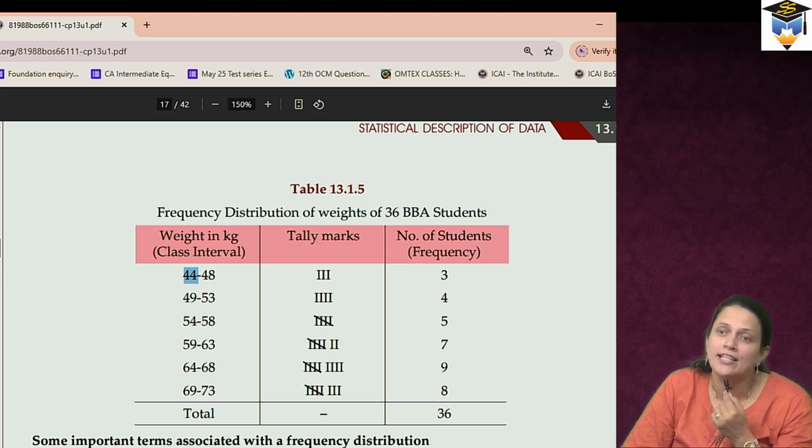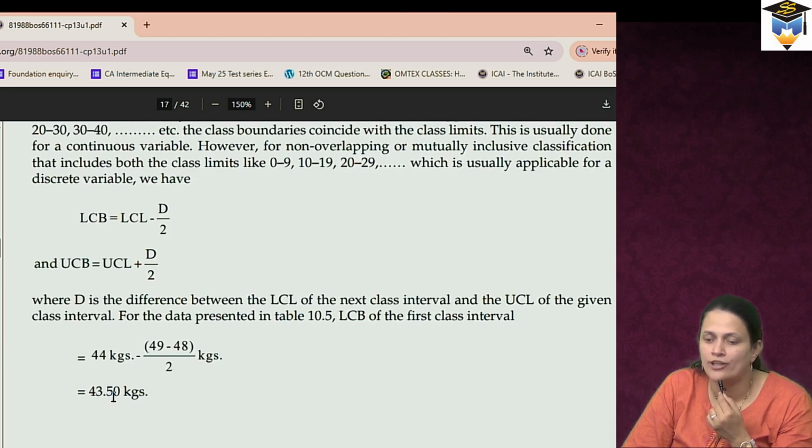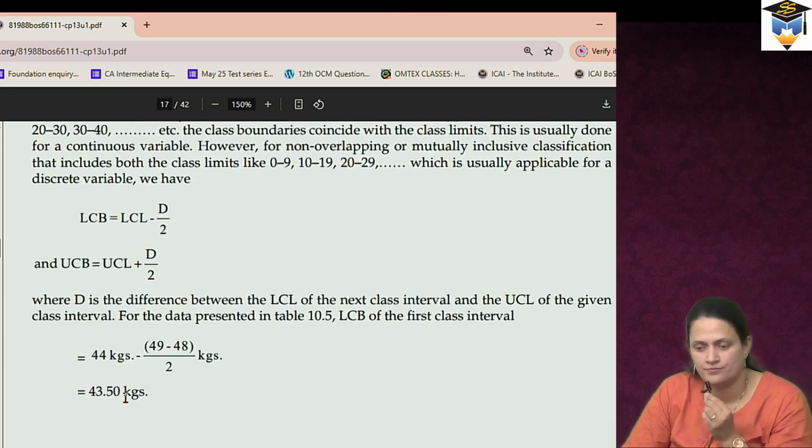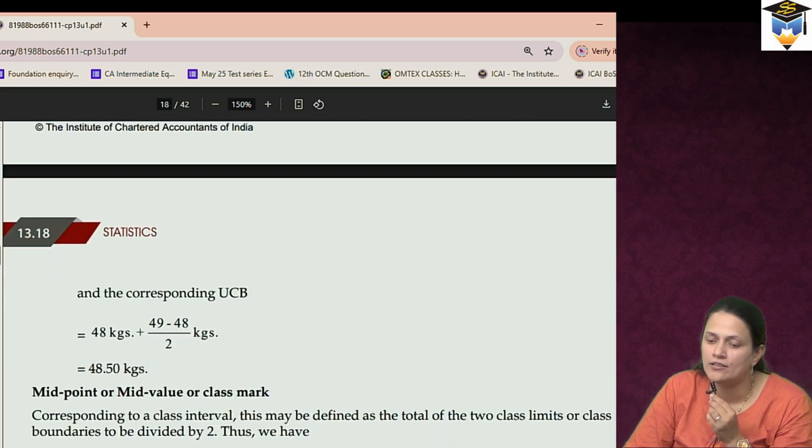That is going to give us D. Understood? So the answer is 43.50. Similarly, you will calculate the UCB, upper class boundary, as upper class limit plus D, that is 48 plus (49 minus 48) upon 2. Understood? That comes out to be 48.50.